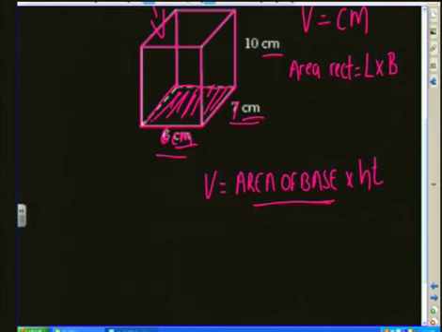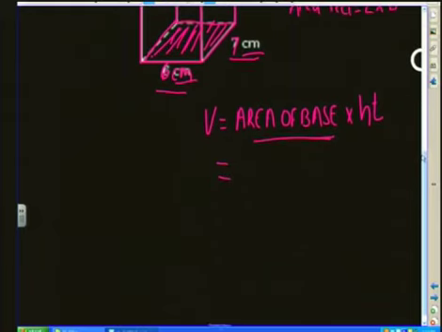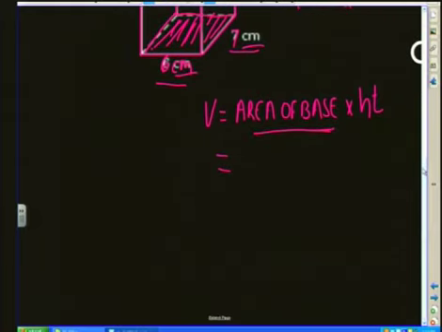All right. We are also given that the height of this shape is 10 centimeters. So now if I put this information into this formula for volume, which is area of base times height, it's going to become the area of the base, which is length times breadth, times height. So it's going to be L times B times H. We know that the length is 7, so we can plug that in.